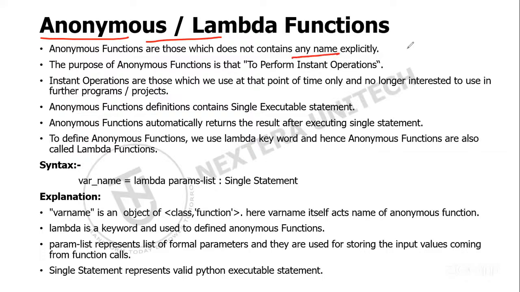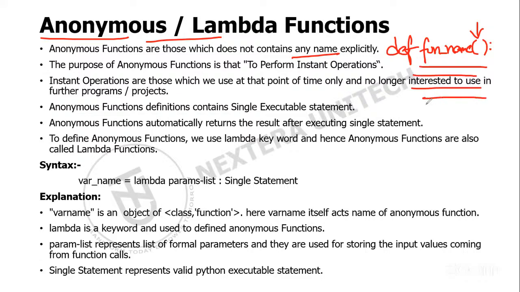If you take the general functions, the normal functions, what is the syntax? How do we define a function? We use the def keyword followed by the function name, then parenthesis. Within the parenthesis we pass parameters, then colon, followed by our block of statements.